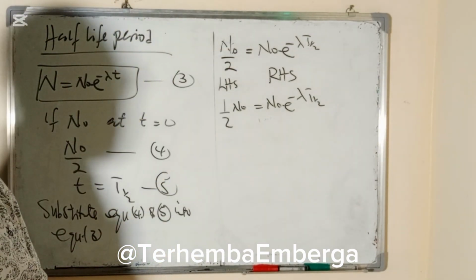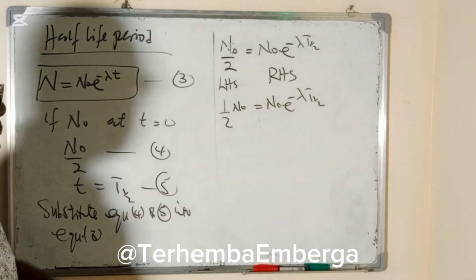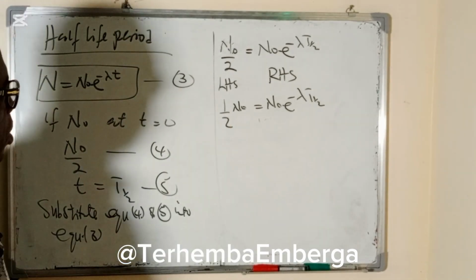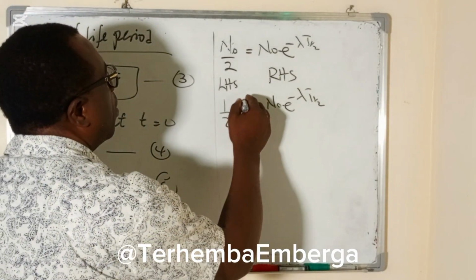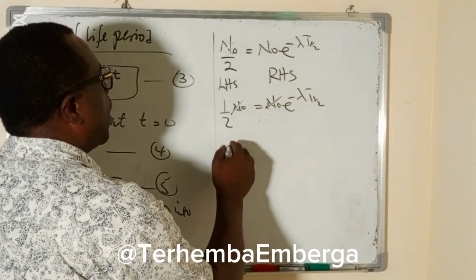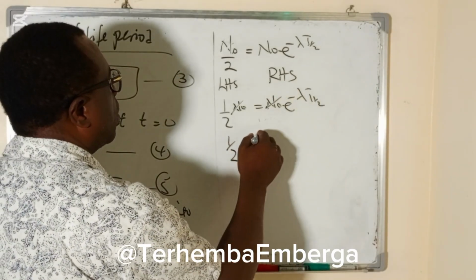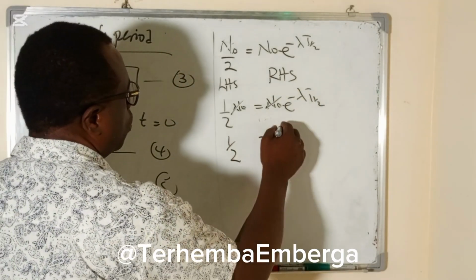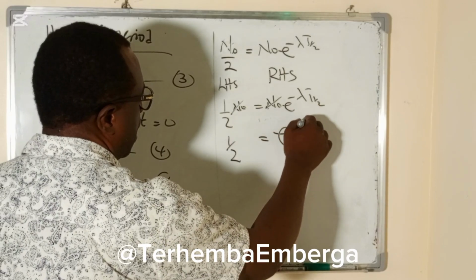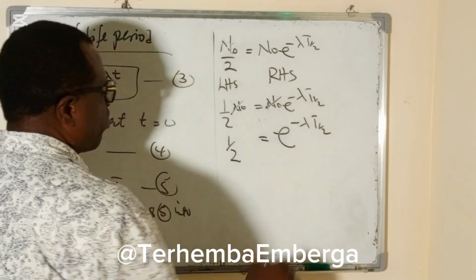We have not done anything strange to this equation. It's still the same. So we can now cancel N naught.